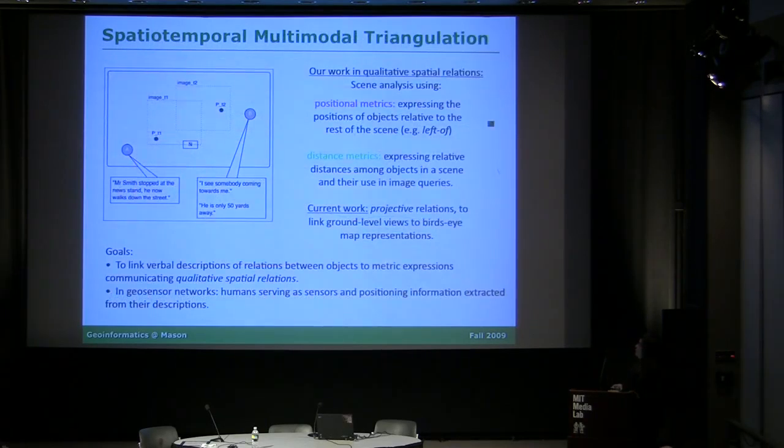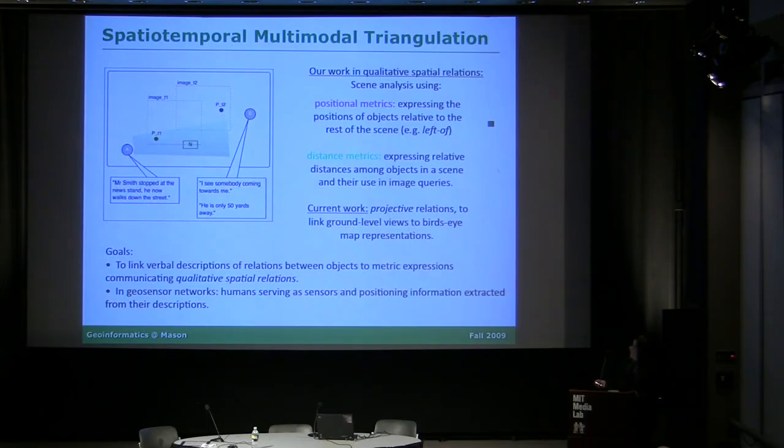And a last thing is the spatiotemporal multimodal triangulation, which is work that we are doing with linguists from Brandeis. In this case, we augment what we have from video feeds and image feeds. For instance, we have various images which can pinpoint locations of people or phenomena of interest. But we also have other types of information, text information, verbal information, and this can be used to predict things.